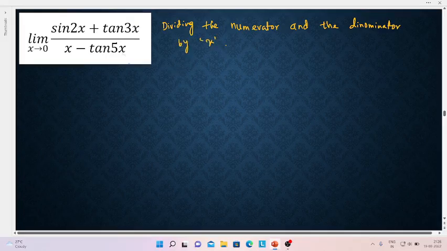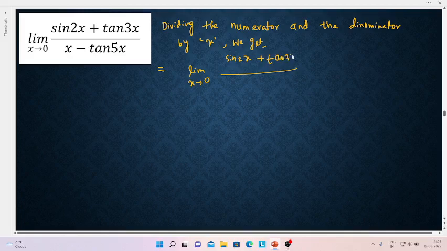If we divide the numerator and the denominator by x, what will we get? So basically we get limit x tending to 0, sin 2x plus tan 3x upon x, right? And on the denominator we have x minus tan 5x upon x, right?